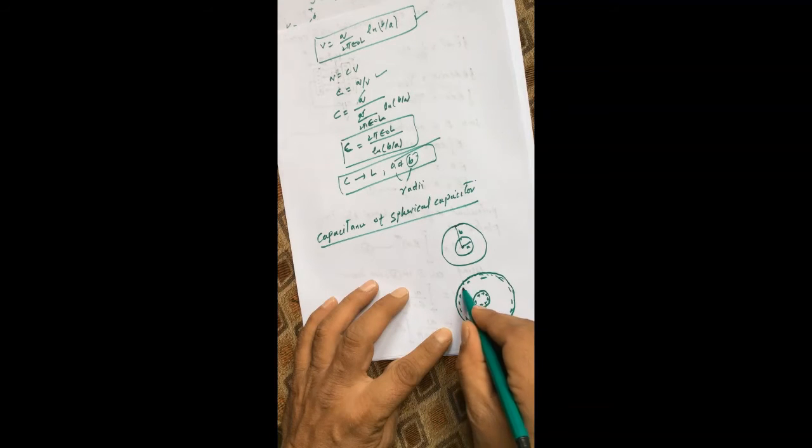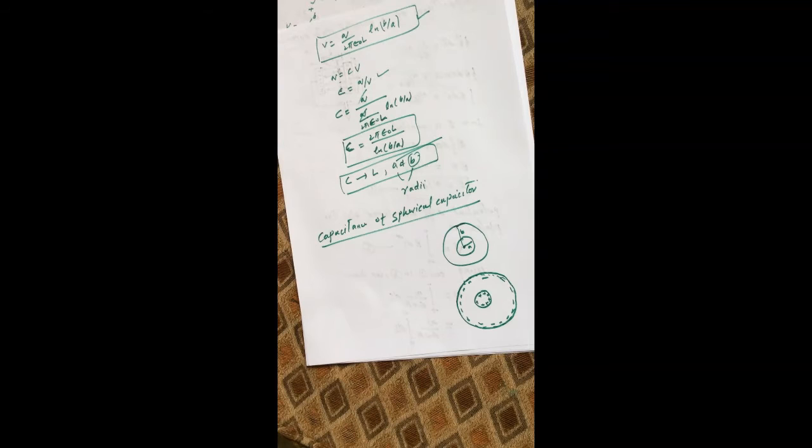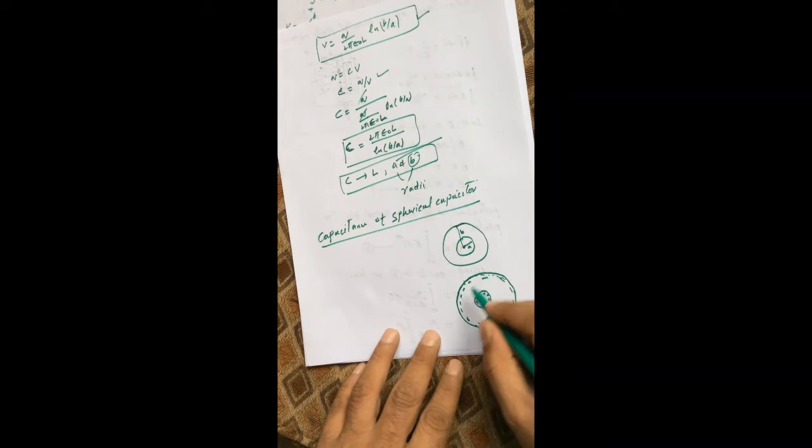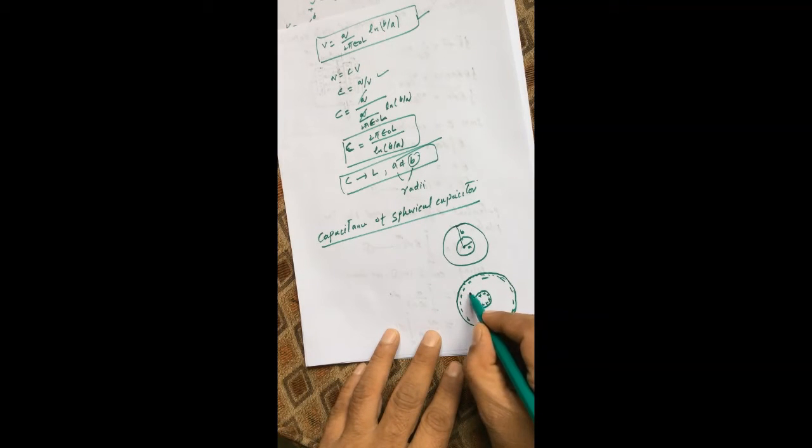Now to calculate the electric field in between, in this region, we plot a Gaussian surface. Suppose this is the Gaussian surface. Now this inner sphere has radius A, and this outer sphere has radius B, and I assume that this Gaussian surface, which is a spherical surface, has radius r.